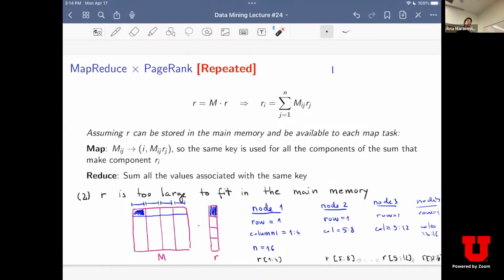If you go to the Mining Massive Datasets book and go to chapter 5, which talks about PageRank and link analysis, you will find a section called efficient computation of PageRank, where you can find even more ways to use MapReduce to implement PageRank more efficiently.